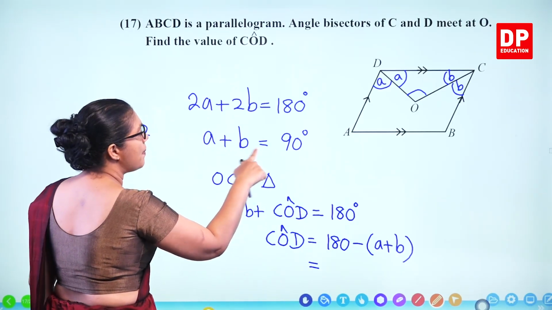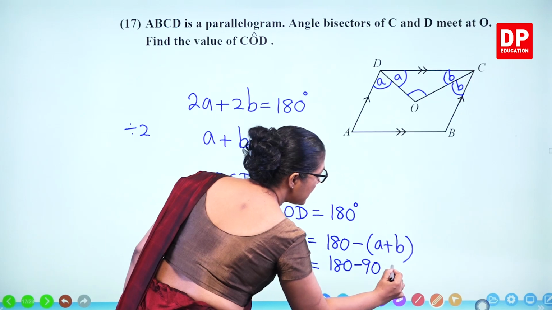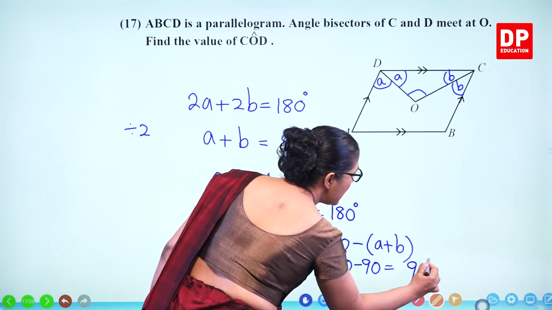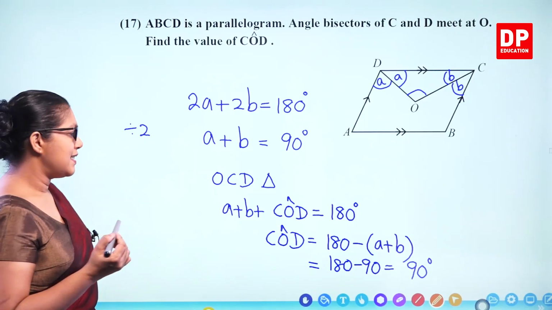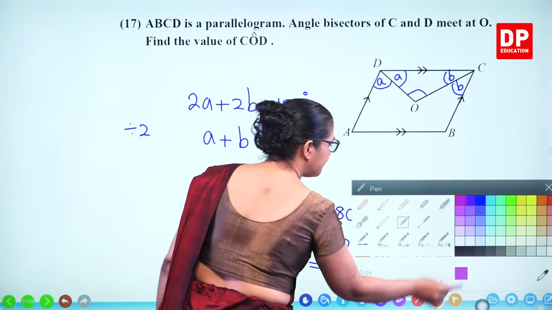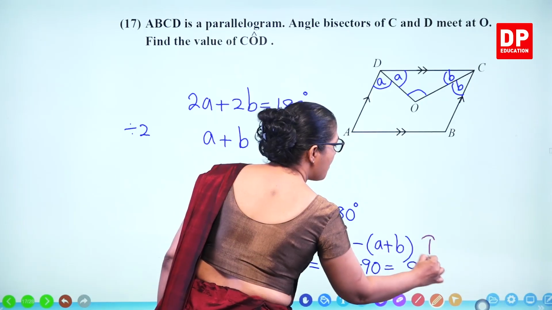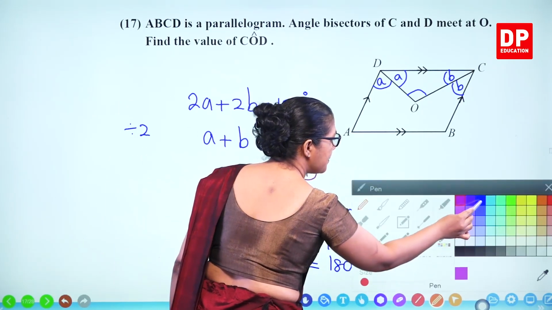But we found A plus B is 90. So 180 minus 90, that's 90 degrees. So COD is 90 degrees. So 2 marks: 1 mark for the answer and 1 mark for the method.